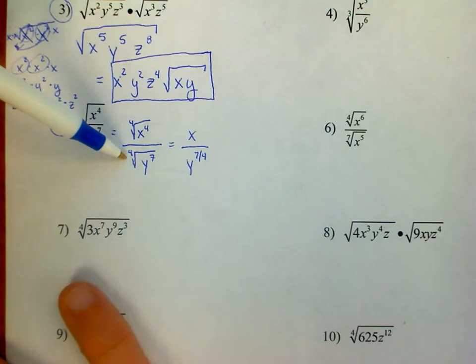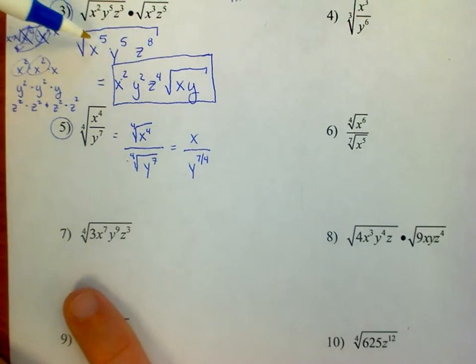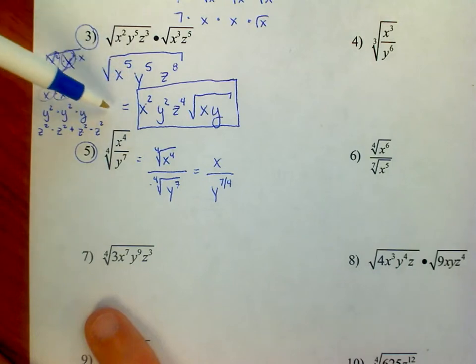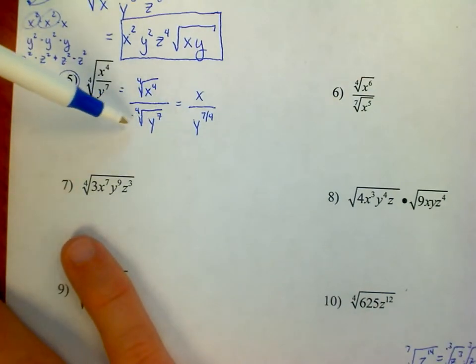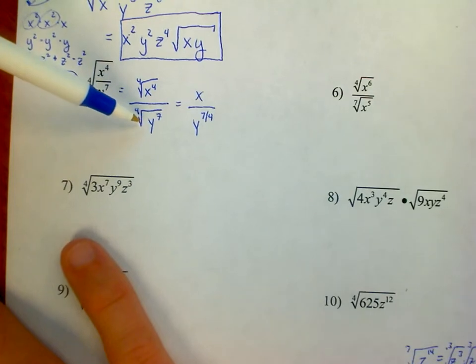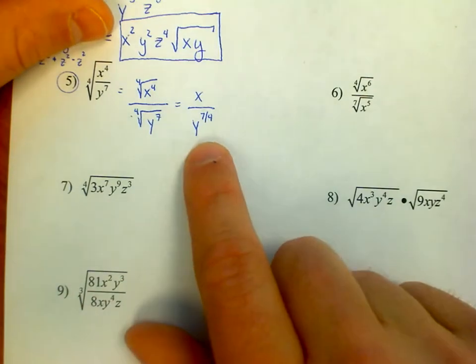And the only way you can get radical signs to go away is if we have a perfect multiple of it, like what we did here where we had x to the 5th, and we could say, well, 4 of those come out. If we can make this a non-fraction, if there weren't any oddball y's left on the inside, then we could take care of this. So I think the easiest thing to do would be this.